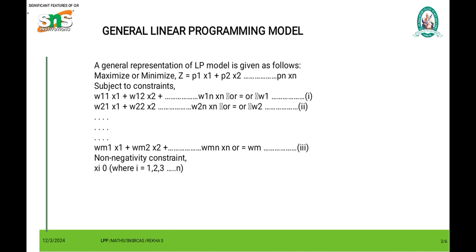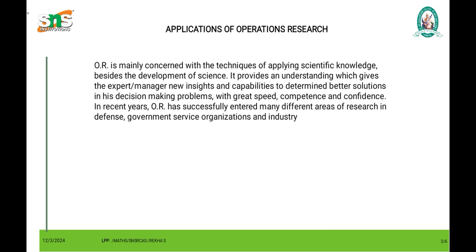The general LPP form is: maximize or minimize Z equal to P1 X1 plus P2 X2 plus etc. plus Pn Xn, subject to the constraints W11 X1 plus W12 X2 plus etc. up to W1n Xn, and similarly Wm1 X1, Wm2 X2, etc., Wmn Xn. So these are the non-negative restrictions.